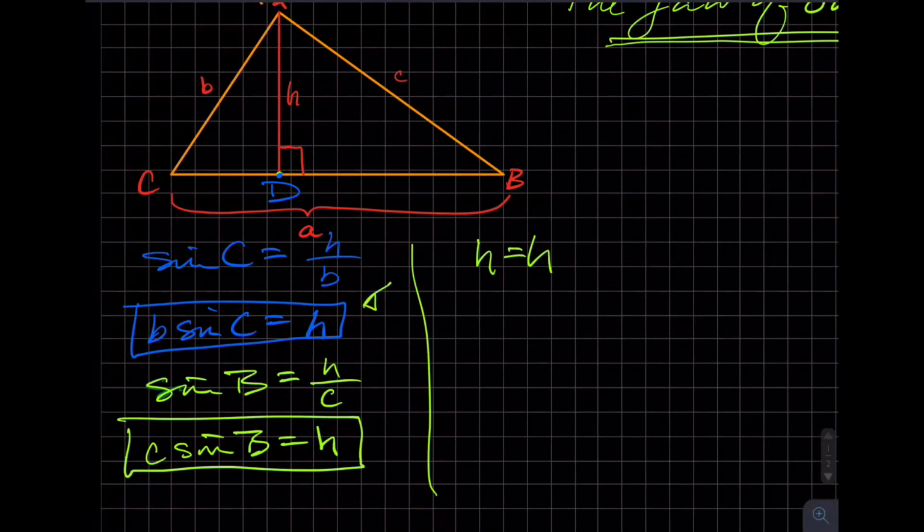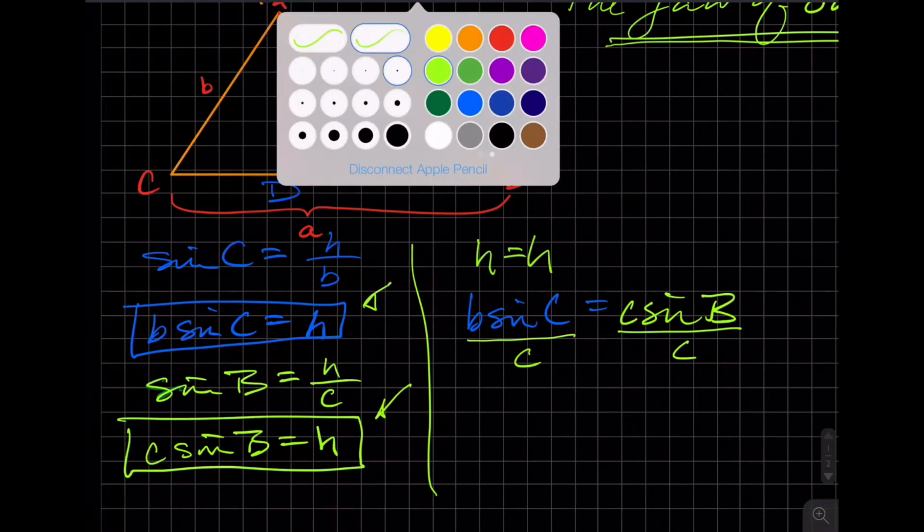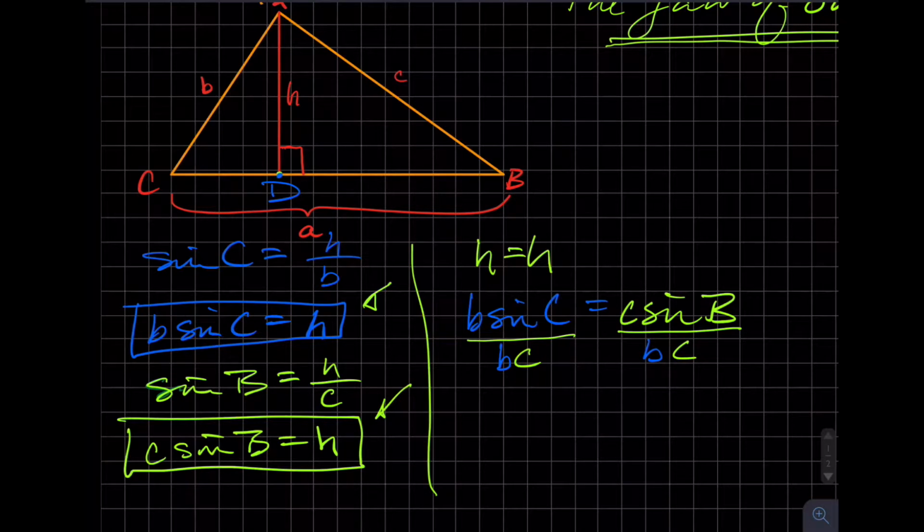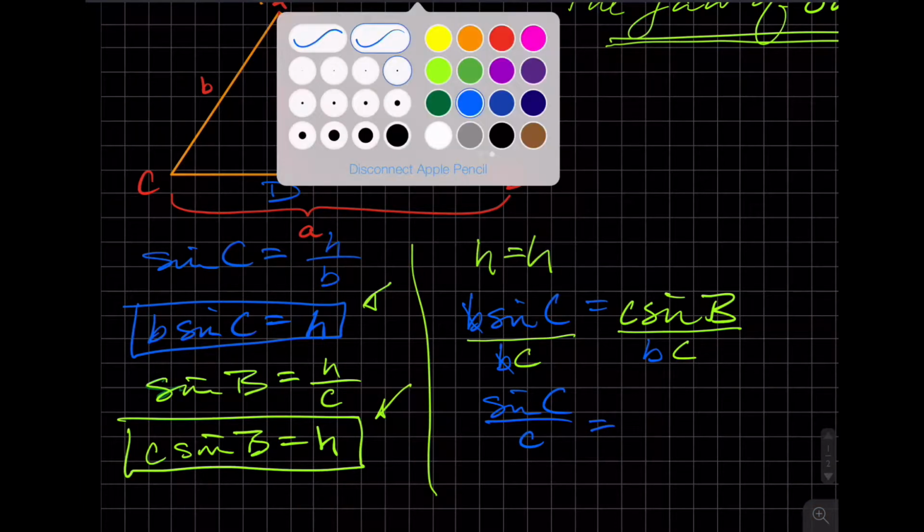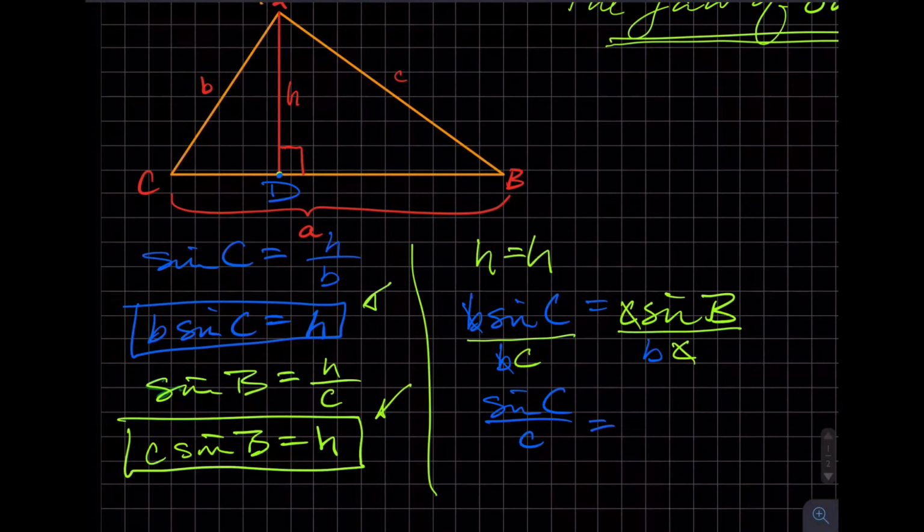I have this representation of H and that representation of H, so I can substitute: b sine C equals c sine B. If I divide both sides by c and at the same time divide both sides by b, then the two b's equal 1 and the two c's equal 1, and I get sine C over c equals sine B over b.